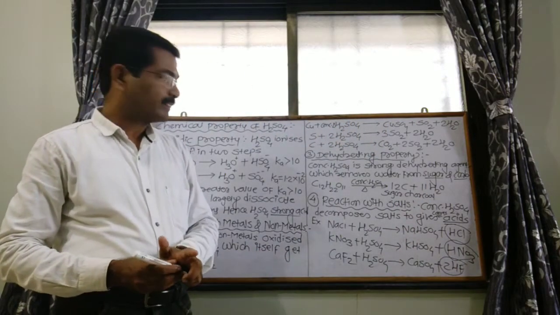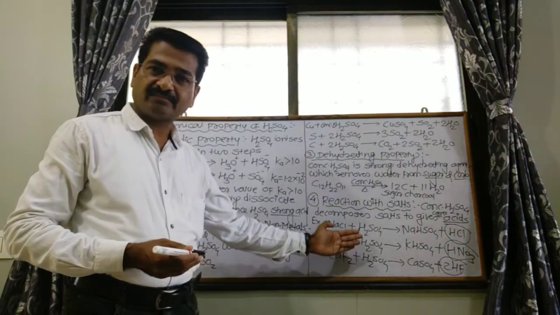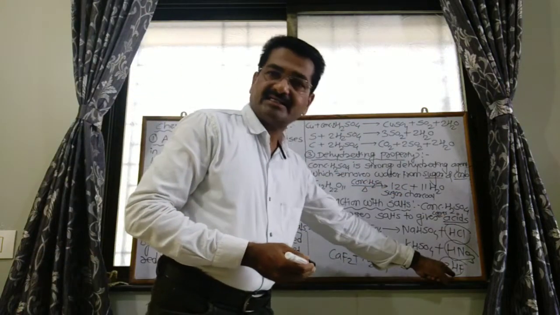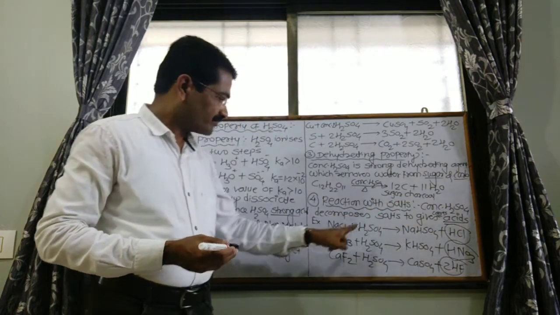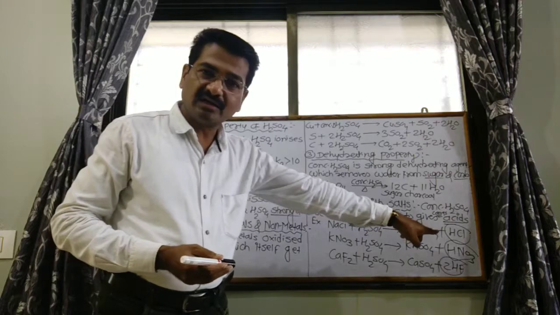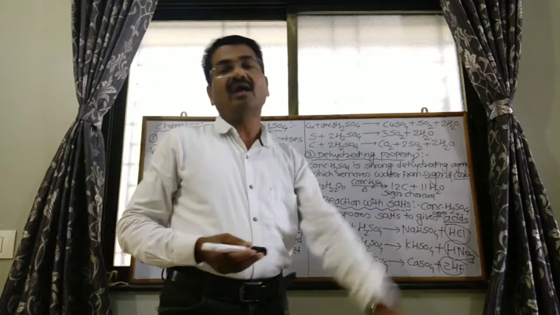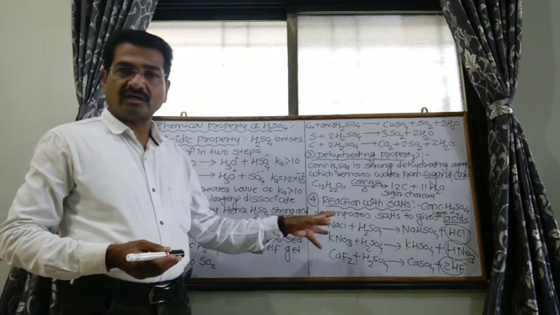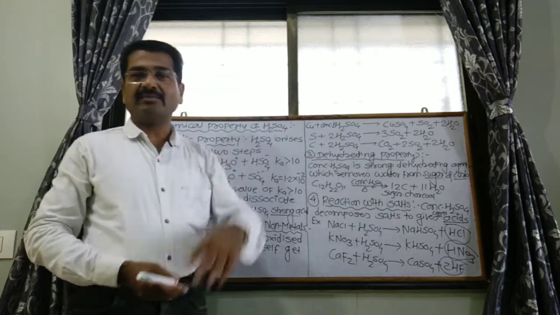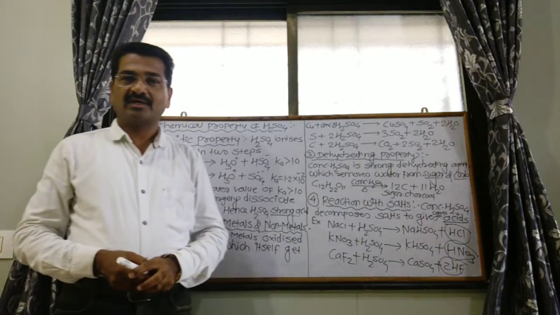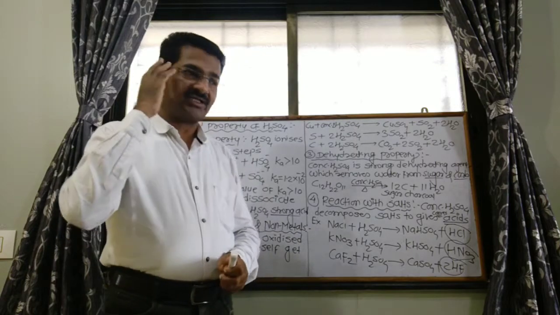It shows that whenever sulfuric acid reacts with a number of salts, it gives the corresponding acids. Sodium chloride gives hydrochloric acid, potassium nitrate gives nitric acid, calcium fluoride gives hydrogen fluoride. We can change the salt, then we get the corresponding acids. So these are all the chemical properties of concentrated sulfuric acid, H2SO4.